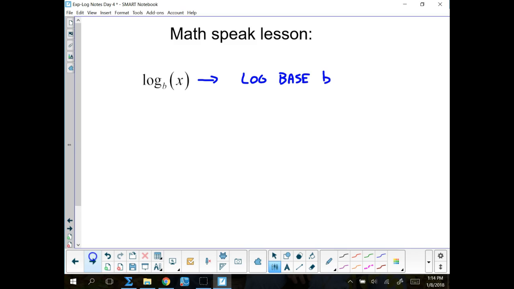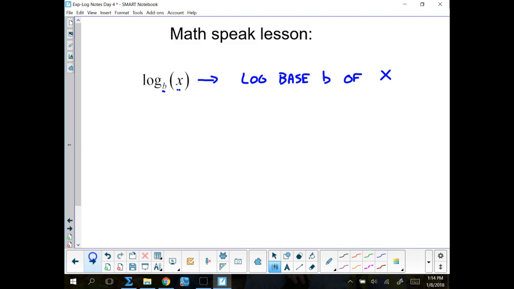So in this case, it would be log base b of x. That's how we say it.